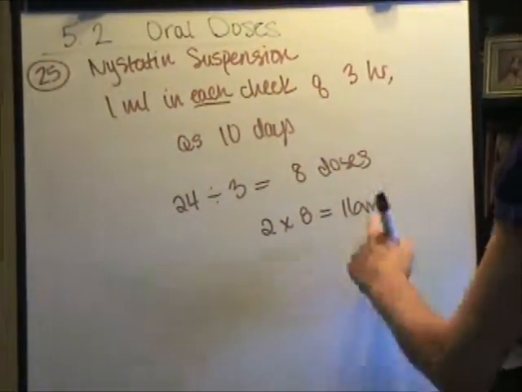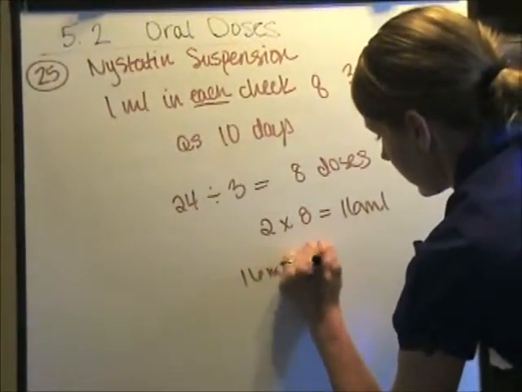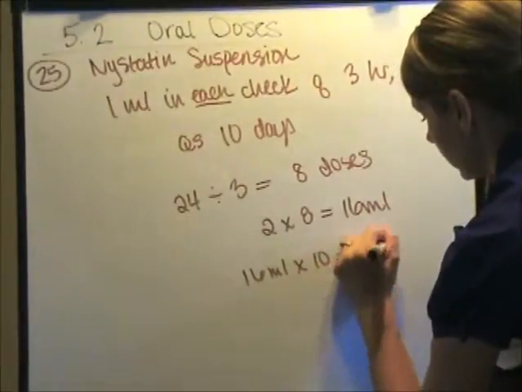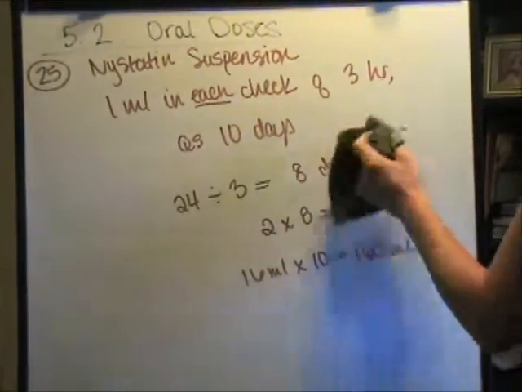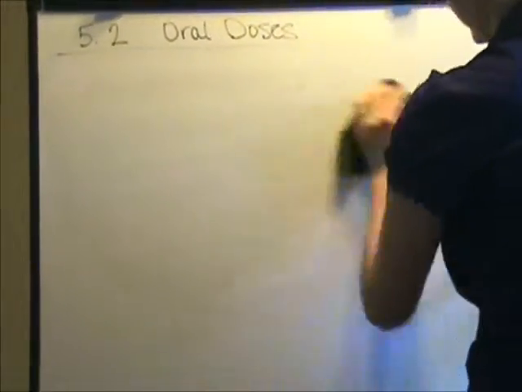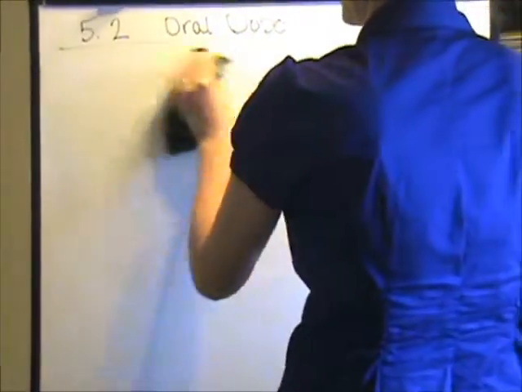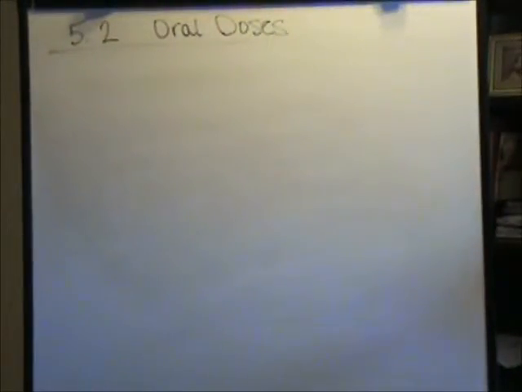And we need quantity sufficient for 10 days, 16 ml times 10, and we need 160 ml for the full prescription. The biggest trip up on things like that when they say each cheek are that people forget we have 2.